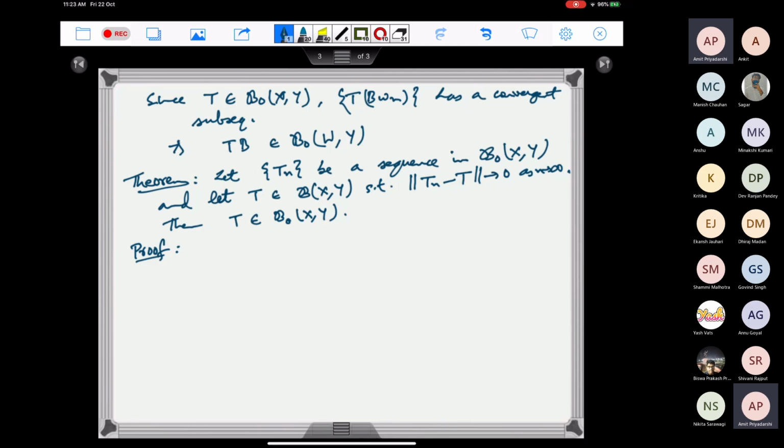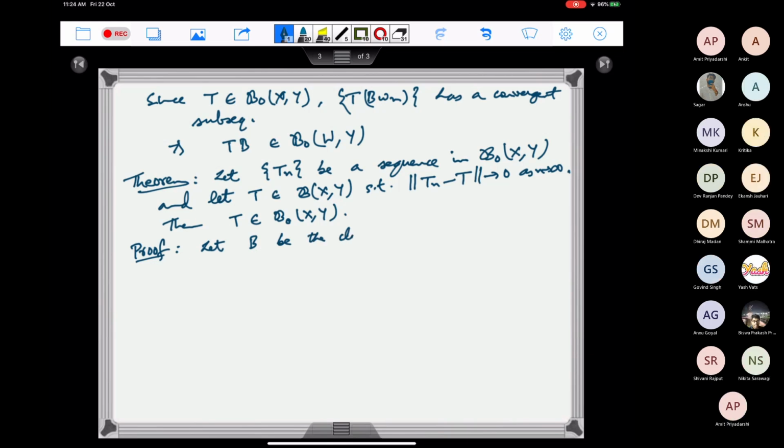So for that we have to show that the image of the unit ball under T is relatively compact in Y. So let us take the unit ball. So let B be the closed unit ball of X.